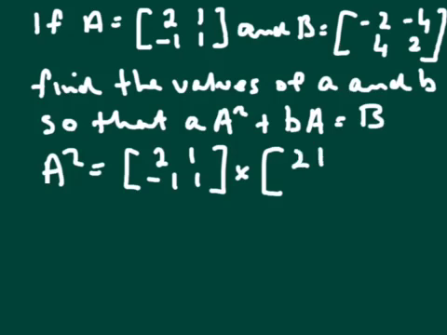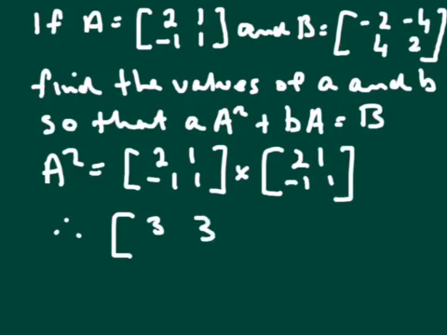So 2, 1, -1, 1. And row by column, isn't it? So we go 2 times 2 plus 1 times -1. So the answer to that, of course, is 3. And then row by column again, so 2 by 1 is 2 plus 1 times 1 is 3 again.